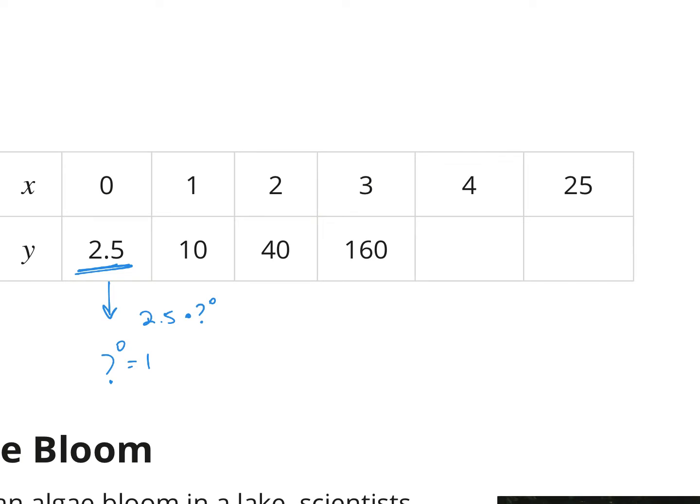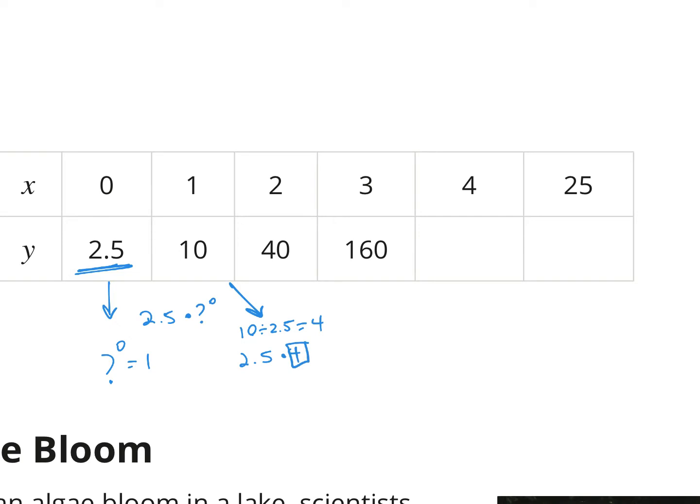All we know is that we're multiplying by 2.5. To figure out the 10, what I'm going to do is first divide by 2.5. So 10 divided by 2.5, which is 4. And then, so I know this is going to be 2.5 times 4.